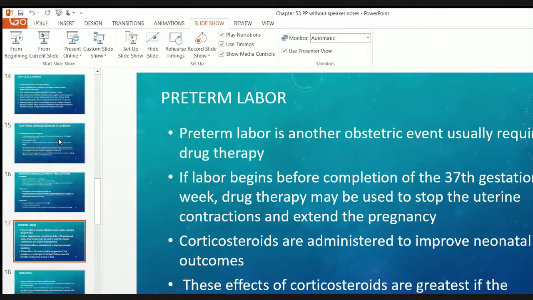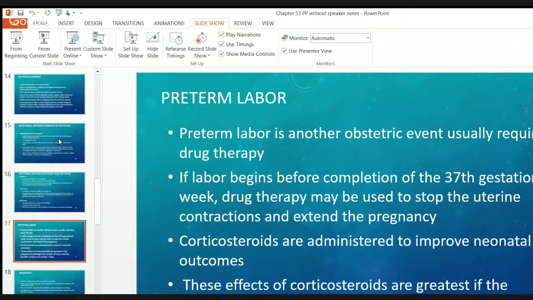So again, the corticosteroids will reduce the risk for neonatal death, respiratory distress syndrome, and intraventricular hemorrhage as a risk factor for cerebral palsy. Extending the pregnancy long enough for the corticosteroids to take effect is paramount to improving the outcome of the unborn baby, because when we're talking about preterm labor, them not having mature lungs is a major issue for them and leads to a lot of additional complications.